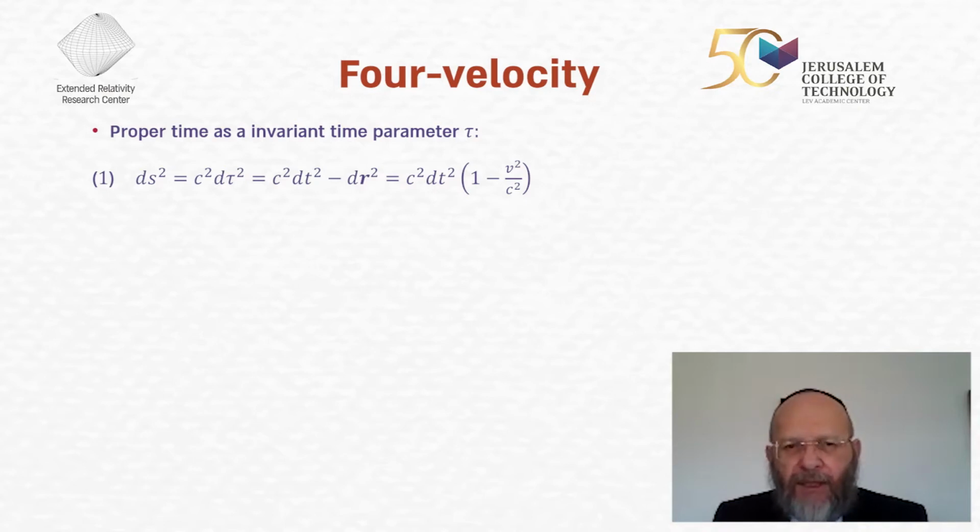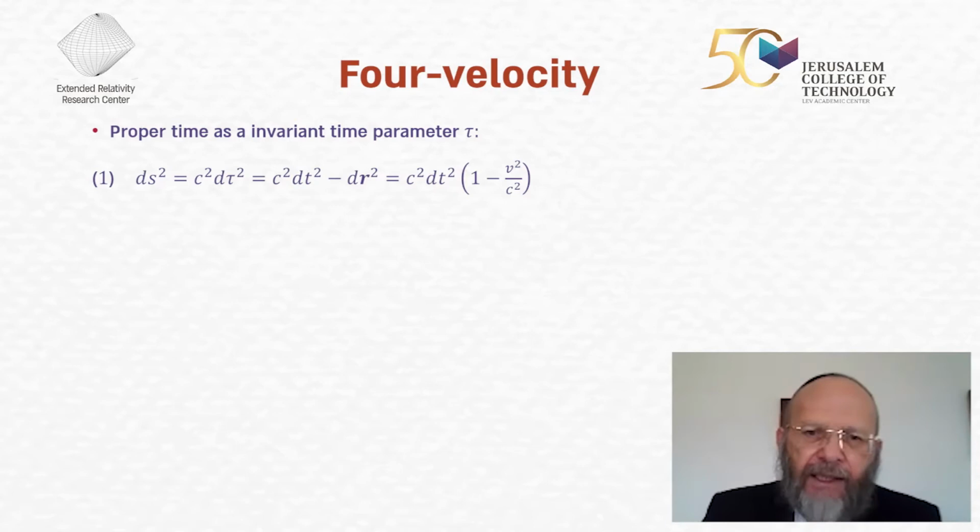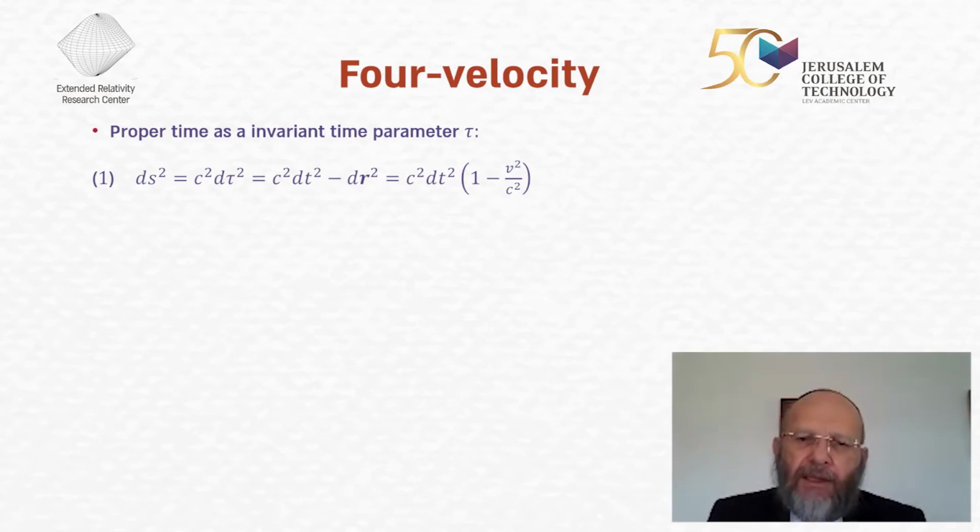I take out c squared dt square outside, and what I'm getting is 1 minus dr square over dt square, which is exactly the velocity, and since we took c square outside, we will get also over c square. So the metric can be written as c square dt square times such an expression.